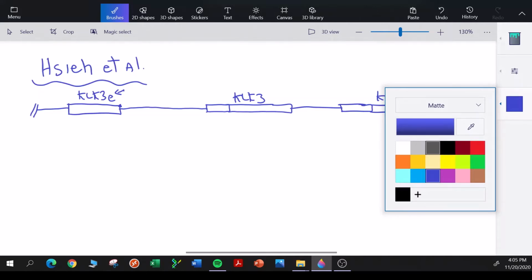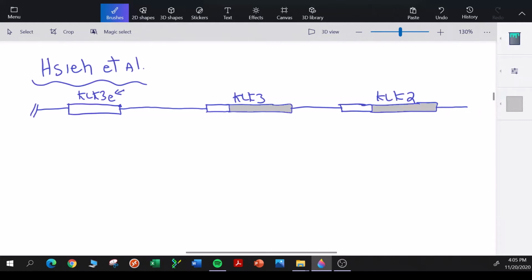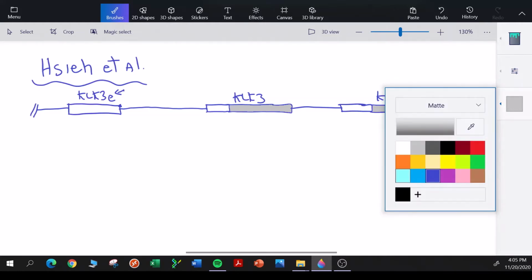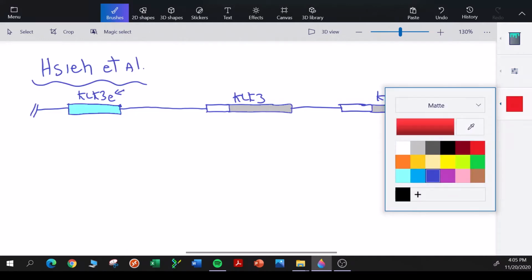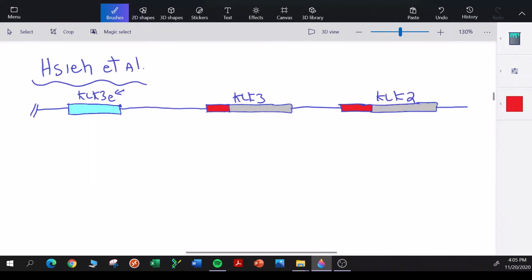And to keep everything consistent, I'm going to try and color some of these in. Okay, that works. I usually use that color for the enhancer and red for the promoter regions. So the red are the promoter regions of the genes, and the light blue is the enhancer.